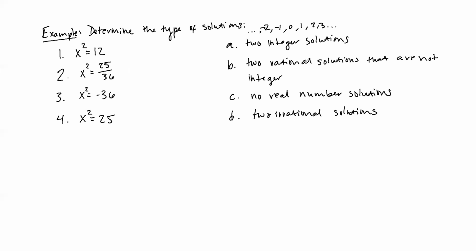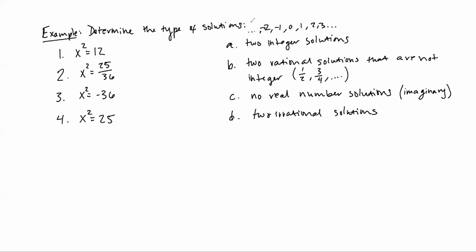Rational that are not integers, they specify because all integers are also rational, would be something like a fraction, like 1/2, 3/4, something like that. Real number, so not a real number solution means imaginary. And try to remember when we have imaginary solutions with x squareds.